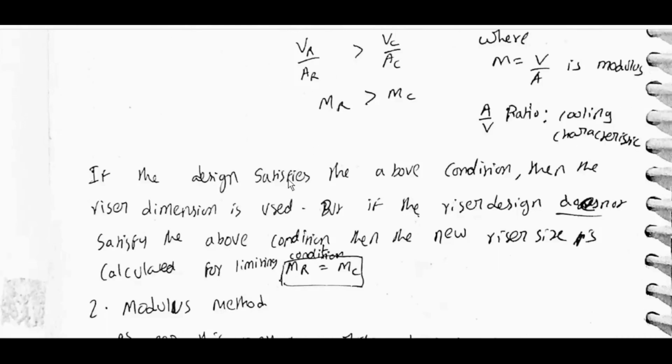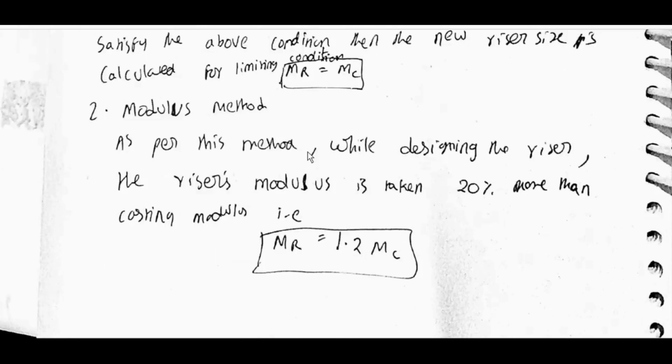If the design satisfies the above condition, then the riser dimension is used. But if the riser dimension does not satisfy the above condition, then a new riser size is calculated for the limiting condition Mr is equal to Mc.